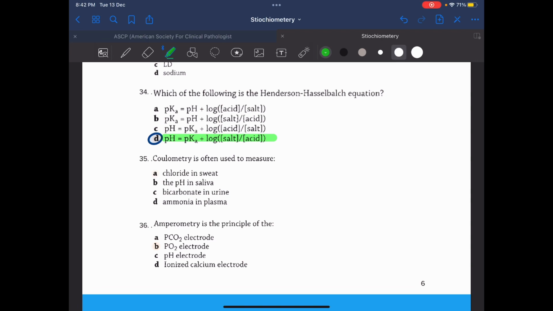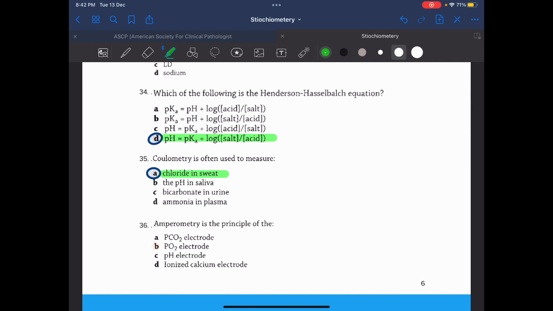Question 35. Colorimetry is often used to measure chloride in sweat, pH in saliva, bicarbonate in urine, ammonia in plasma. Colorimetry is often used to measure chloride in sweat. So the correct answer is A.